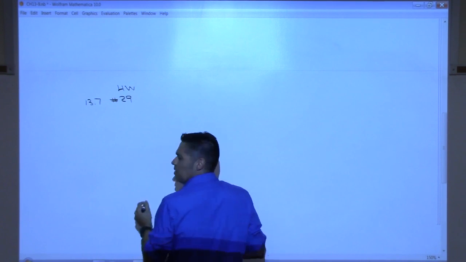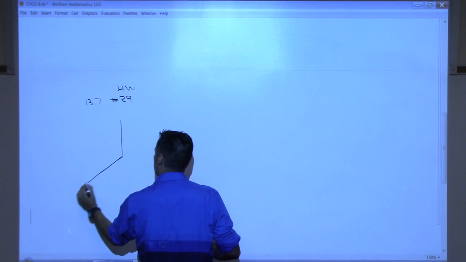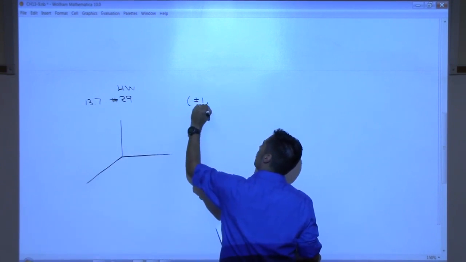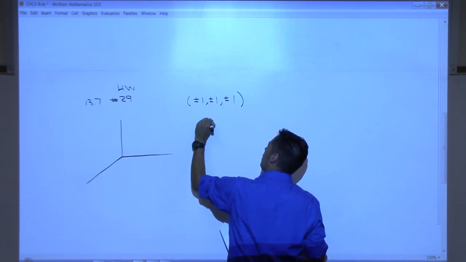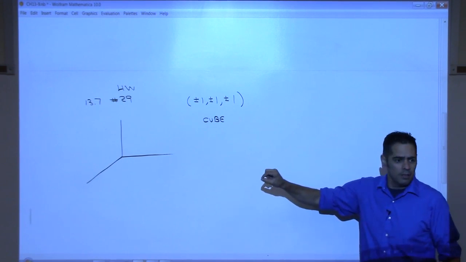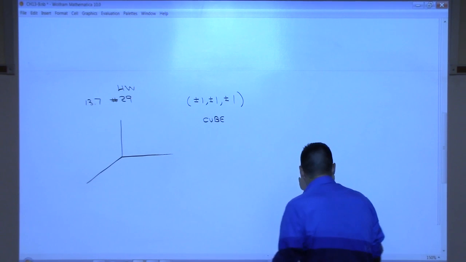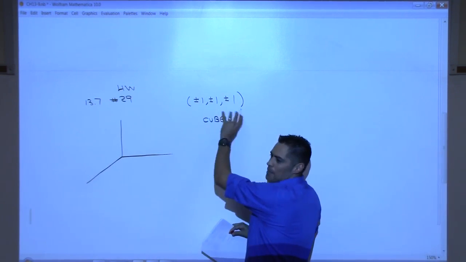What they did is they gave you this cube, and the cube had vertices plus or minus 1, plus or minus 1, plus or minus 1. It was a cube. So it's basically centered at the origin, and all the corners of the cube landed at every combination of those.